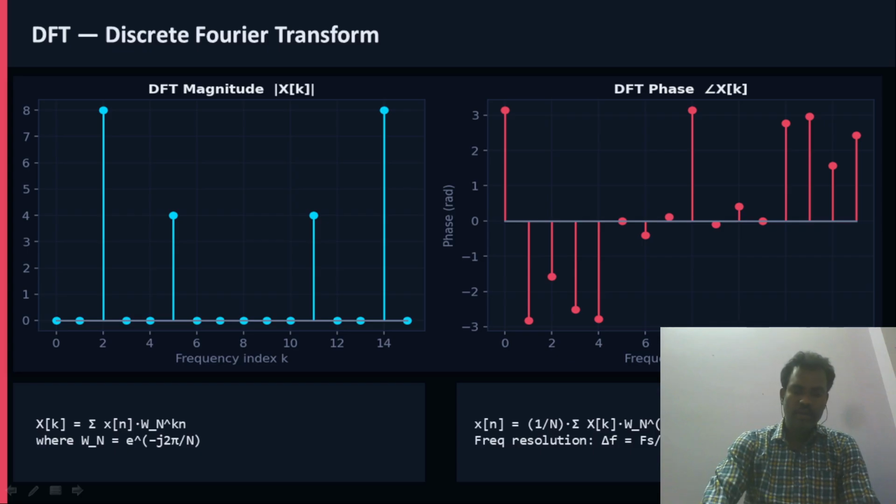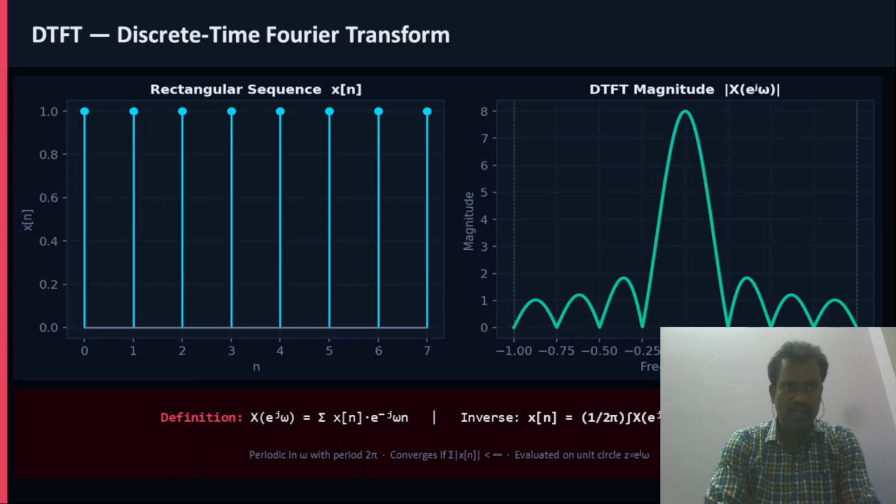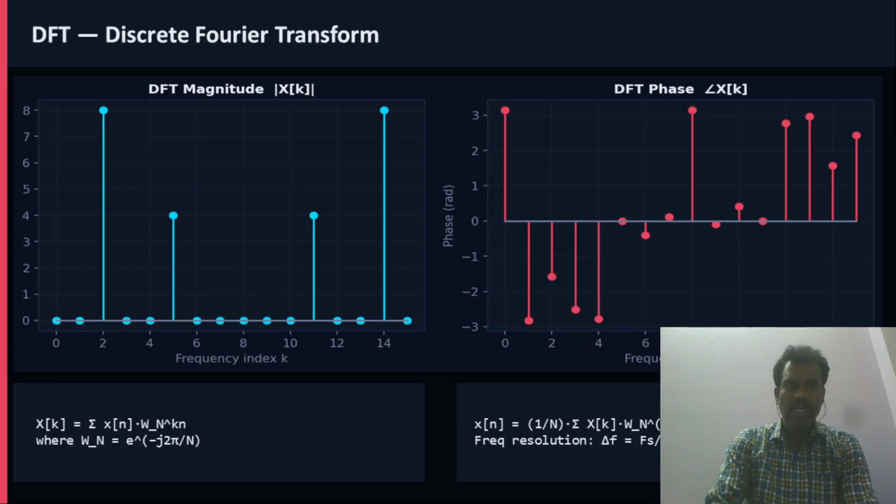So in simple terms, previously in the discrete time Fourier transform, for aperiodic signals only we apply the Fourier transform. For a discrete time aperiodic signal, the spectrum is continuous and periodic. By sampling, the discrete time domain signal will become periodic. So now both are periodic and both are discrete.